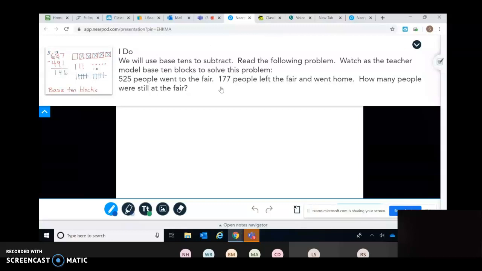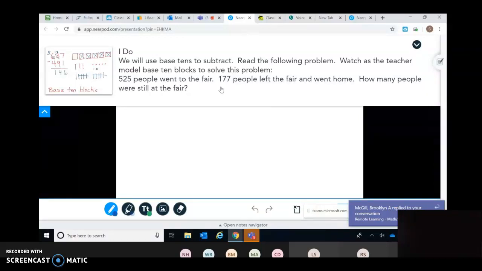So if you look at the problem, we're going to use this to subtract. Actually, it's teaching you how to use base 10 to solve this problem. 525 people went to the fair. As always, it's going to say to use the words in the problem to choose the operation.